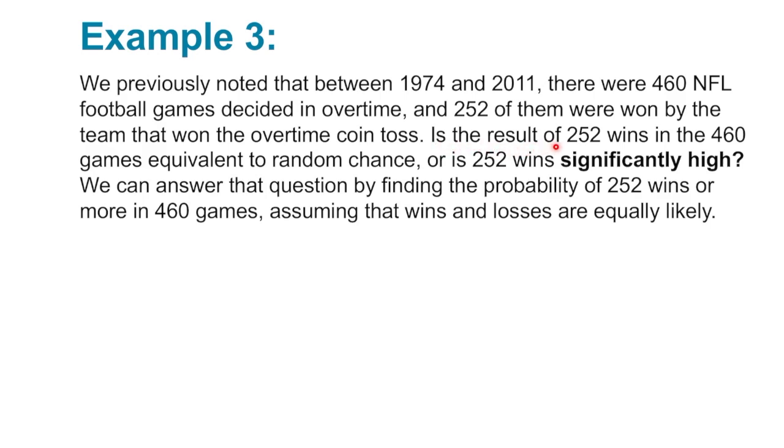Is the result of 252 wins in the 460 games equivalent to random chance? Or are 252 wins significantly high? We can answer the question by finding the probability of 252 wins or more in 460 games, assuming that wins and losses are equally likely.